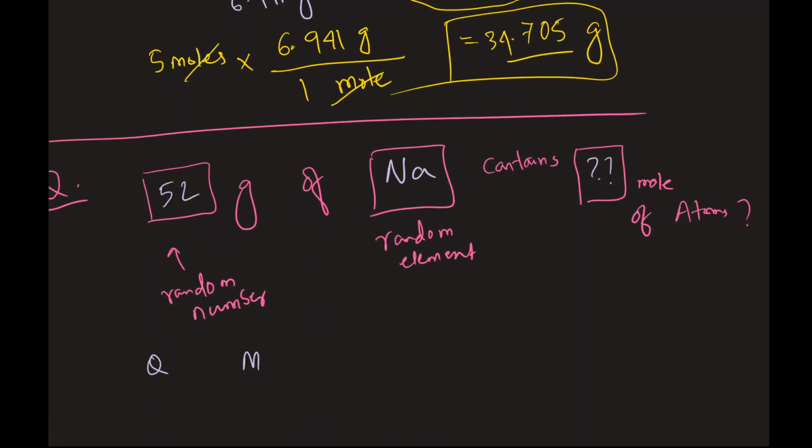So step 1, molar mass of sodium. And what is the molar mass of sodium? Hopefully, let me find my periodic table. It's 22.99. Yep, I'm just making sure.